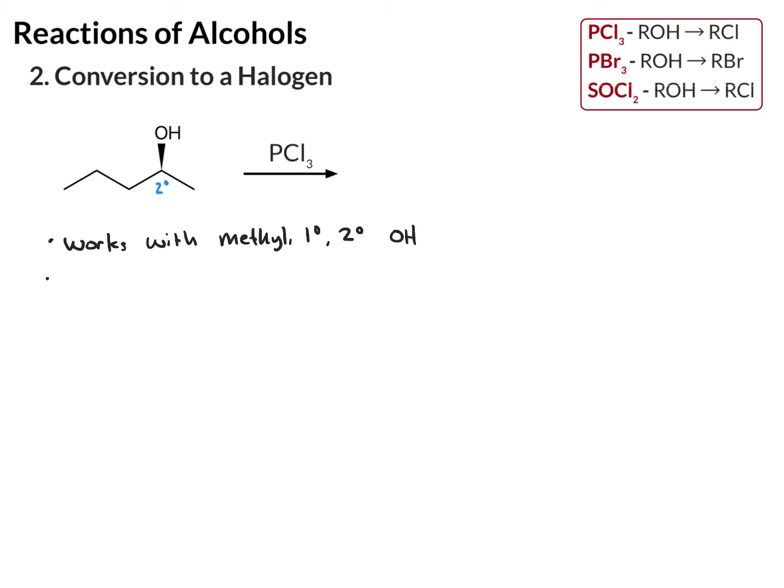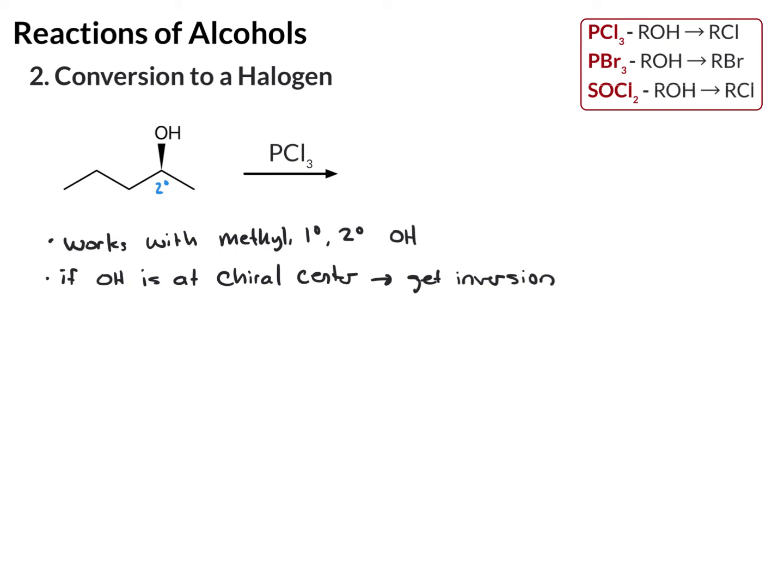The second is if the OH is at a chiral center, we get inversion. And that can potentially be useful when we're going to talk about how to take advantage of the stereochemistry in these reactions based on the reagent here in just a bit.